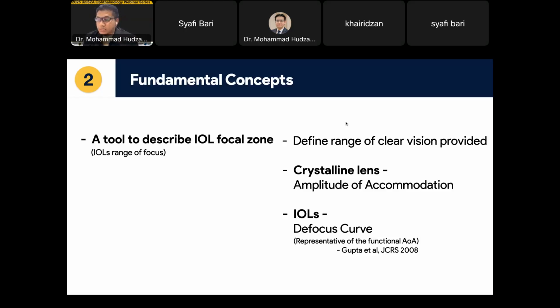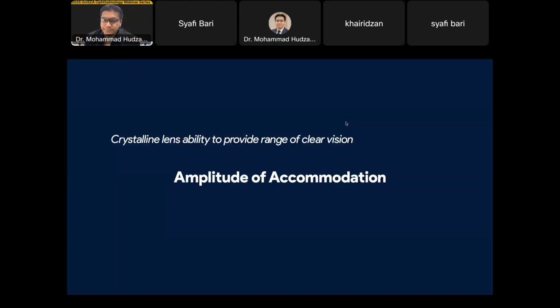In a patient with a normal crystalline lens, defocus curve is also shown to be a good representation of the functional amplitude of accommodation, as if we are studying the crystalline lens. So it is a comparable tool. We will talk about these two for tonight.